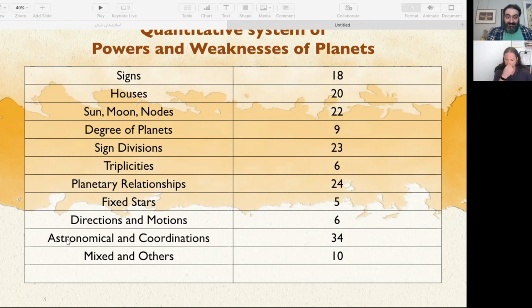And then we have 34, the majority of which belong to astronomical coordinations. So it's really important for Persian astrologers to use the coordinations the way they do.